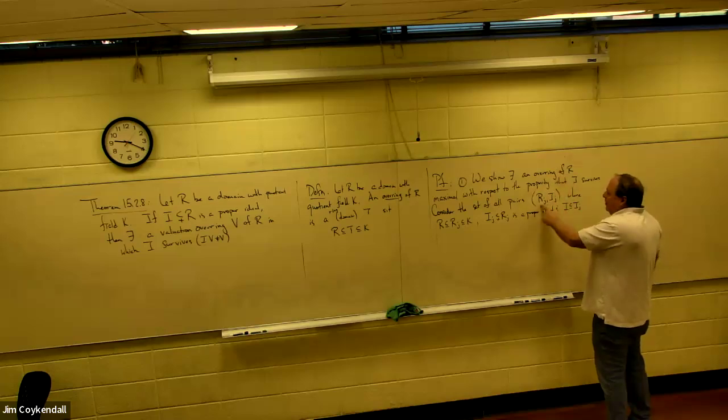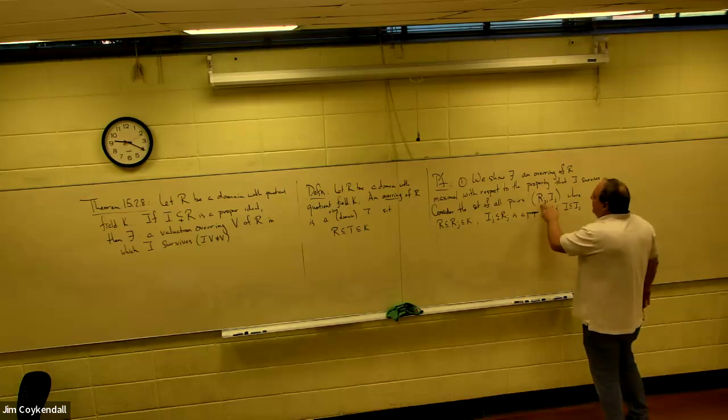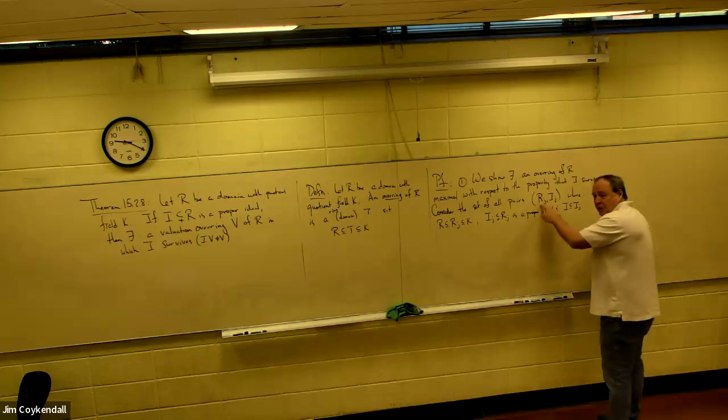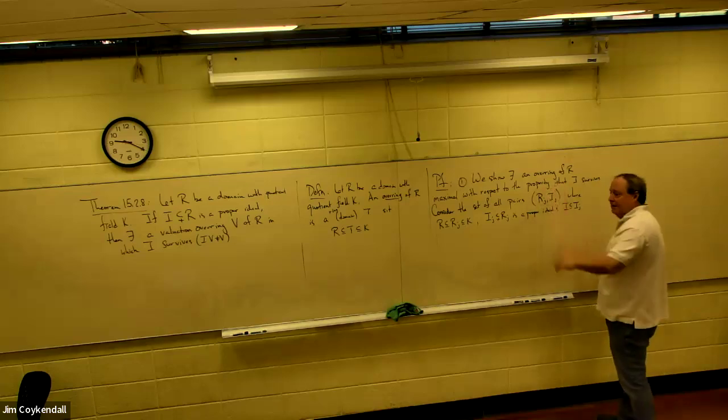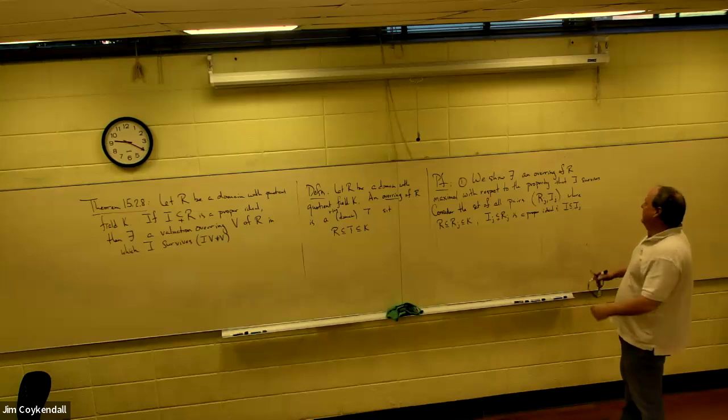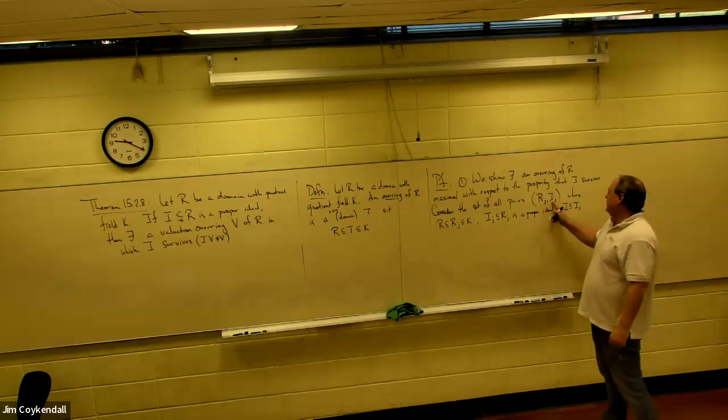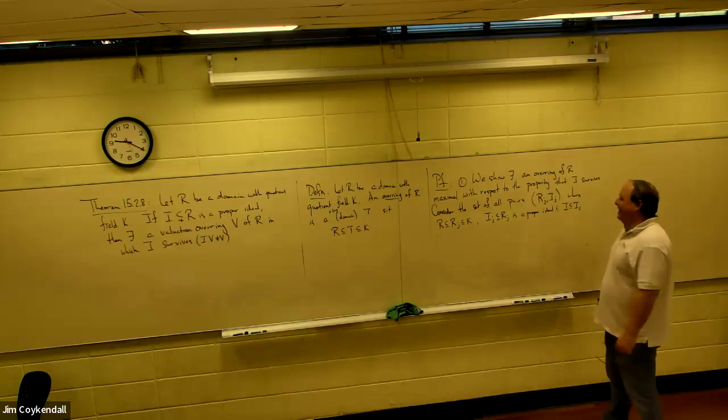So the pairs aren't necessarily unique to the index. There might be a whole bunch of pairs with the same R sub J, and there might be a whole string of ideals that I can fit in here, right? So it's all these possible pairs of overrings that have a proper ideal that contains I as a set.